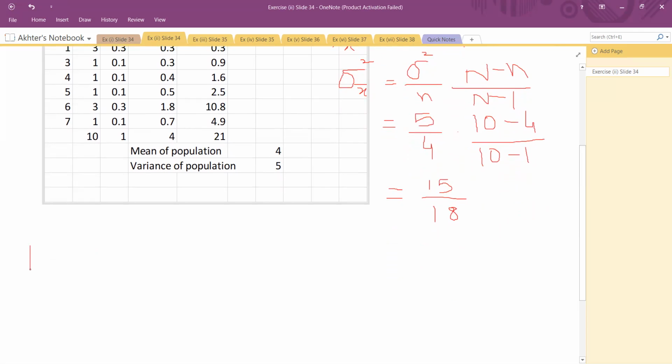So this can be written as the probability that x bar, the sampling distribution mean, lies between mean minus 2 sigma x bar and mean plus 2 sigma x bar.